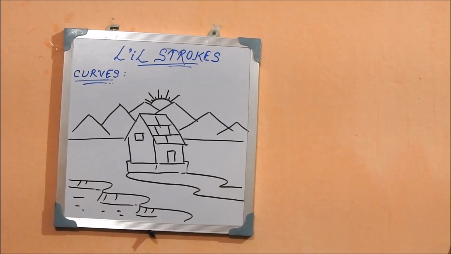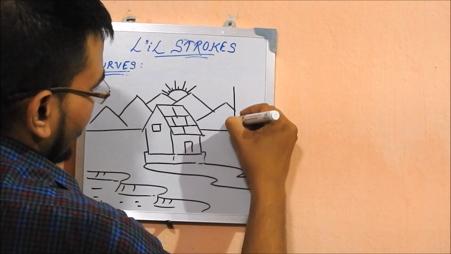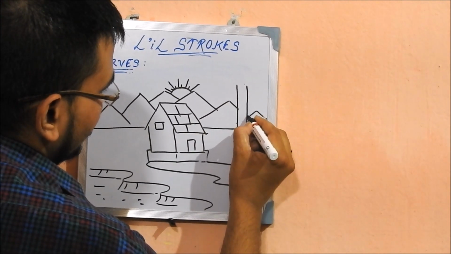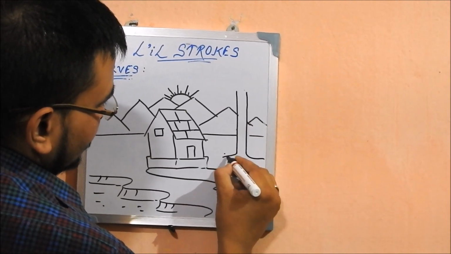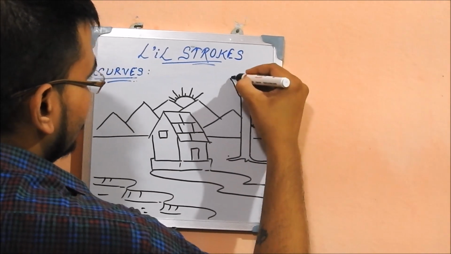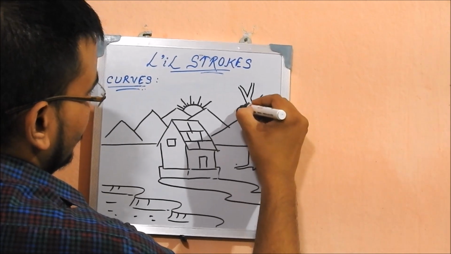Curve. You can draw a tree also. How? This is a straight line. After that, do like this. Now you know curve. Make some branches here. Now curve.